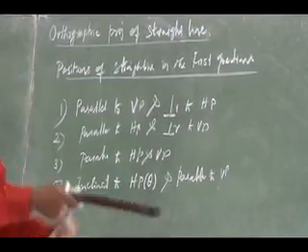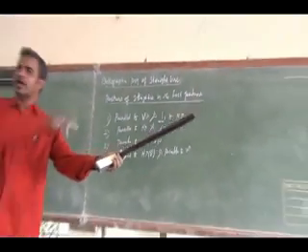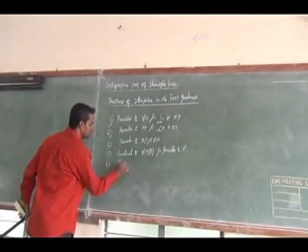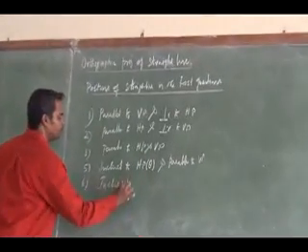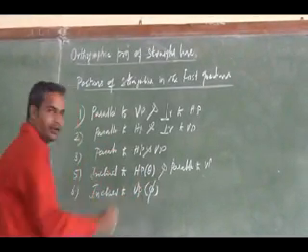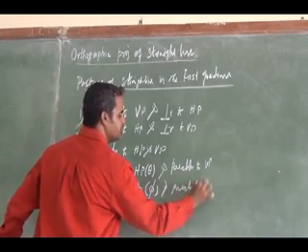What is the next orientation? It is parallel to HP and inclined to VP. That inclination I will call phi, and it is parallel to HP.